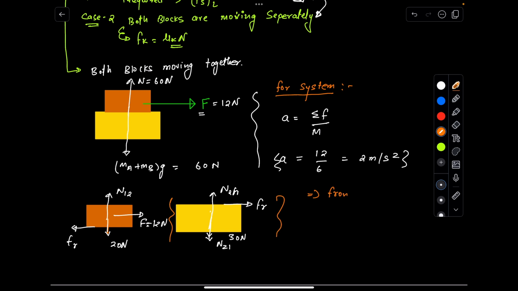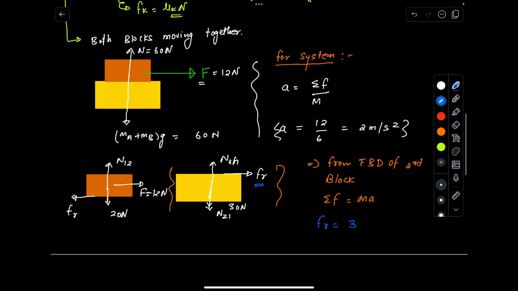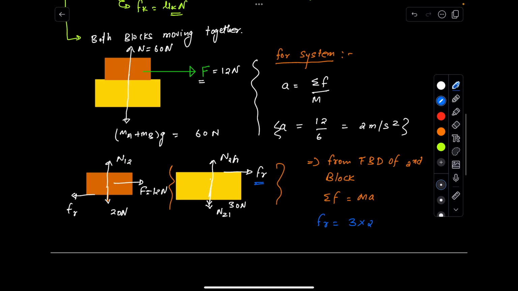From the FBD of the second block, total force equals mass into acceleration. So the total force on the second block is just the required friction, Fr, equals mass of the second block, 3, multiplied by acceleration, 2. So that is 6 Newton.